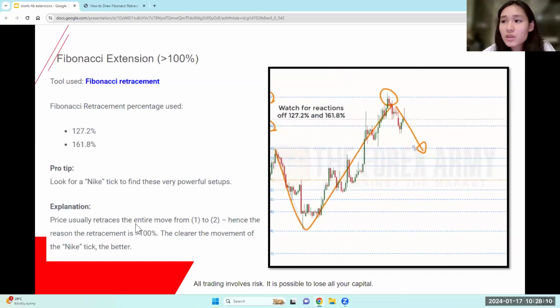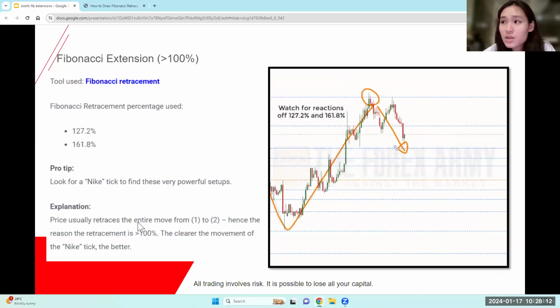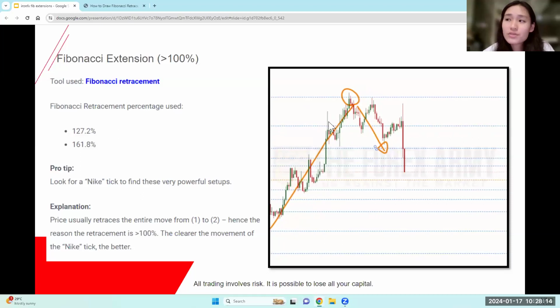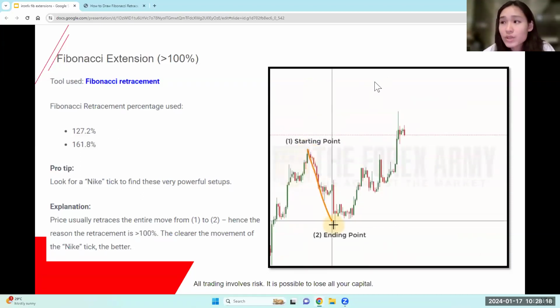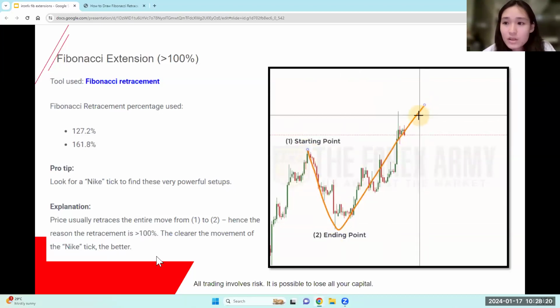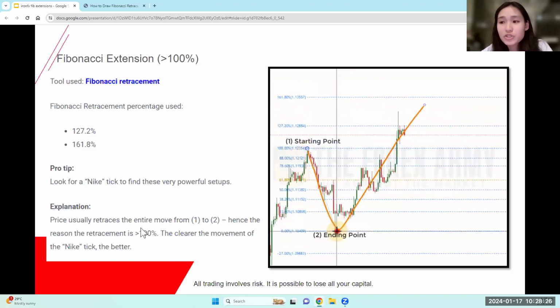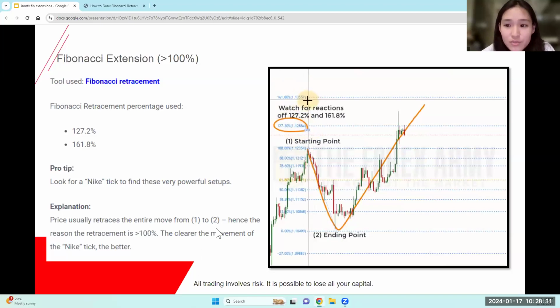These tend to be quite powerful setups. If they don't react off of the 127.2, then we're likely expecting it to react off of the 161.8. And these usually retrace the entire move from point 1 to 2, hence the retracement tends to be more than 100%. So the clearer the movement of the Nike tick, the better.